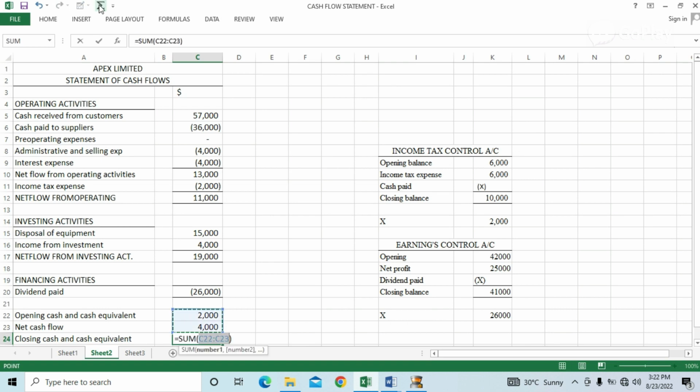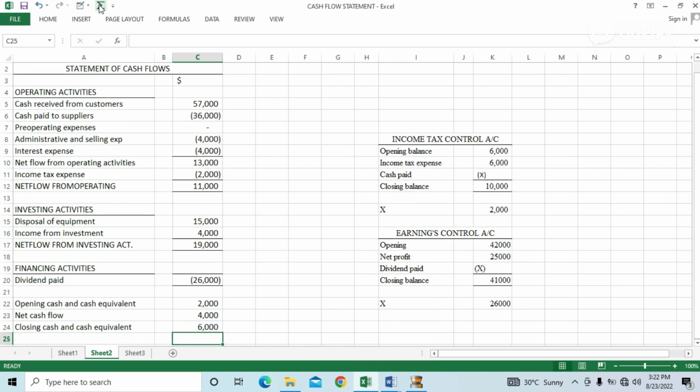Are we getting our 6,000? Yes, we have the 6,000. So we are done. So that is how to prepare a cash flow statement using the indirect method. Basically, that's the approach.